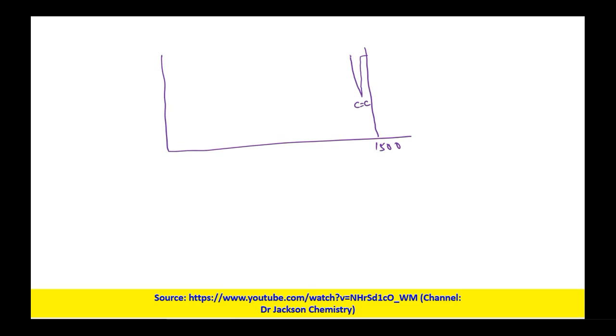Then we have a group called C double bond O stretching. Then if there is an aromatic ring over here, we will be having some overtones. These zigzag like systems will be there. These are called overtones, and these are due to the aromatic ring.